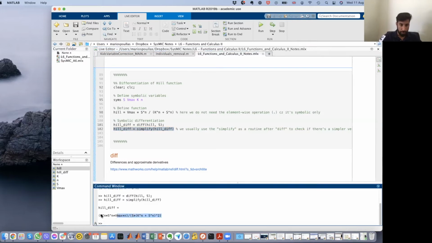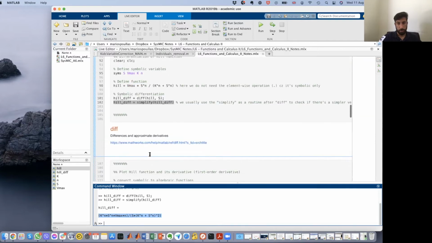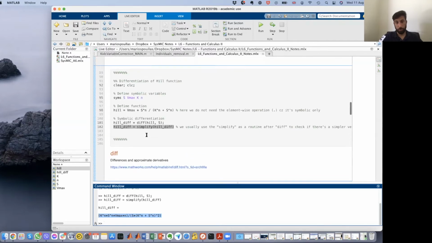This is the simplified version of the first order derivative of the hill function, the differentiated version of the hill equation.